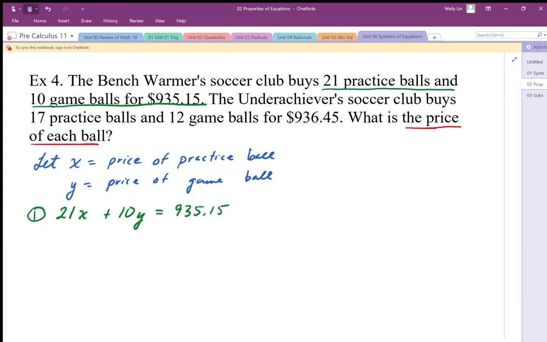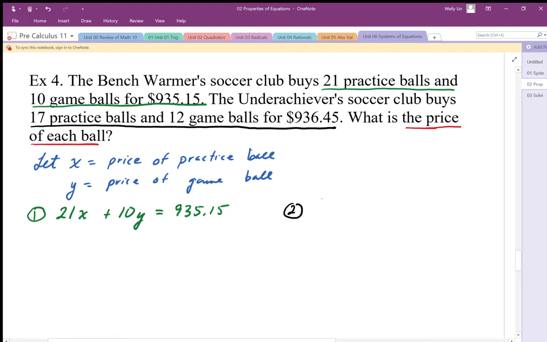So that's one relationship. I need to come up with a second relationship now. My second relationship is with the other club: 17 practice balls and 12 game balls for $936.45.